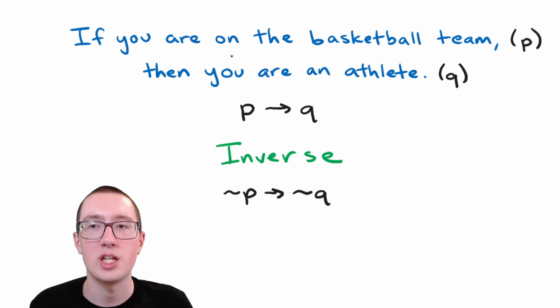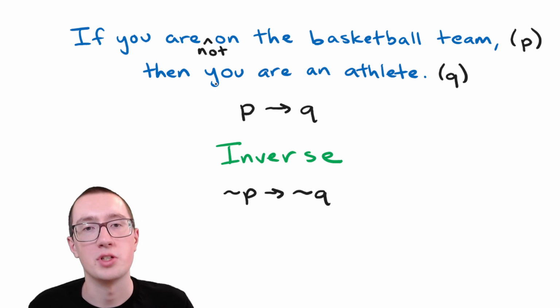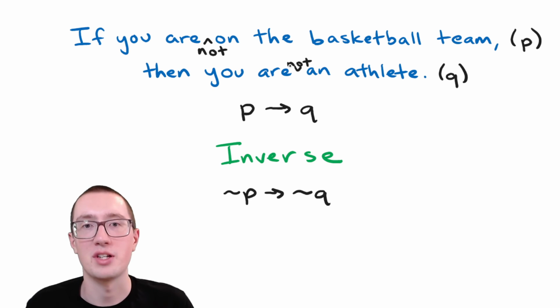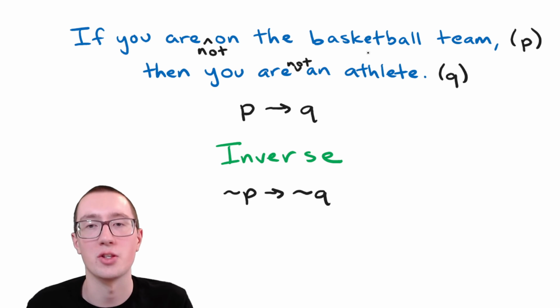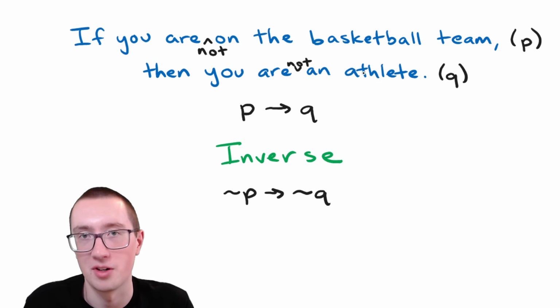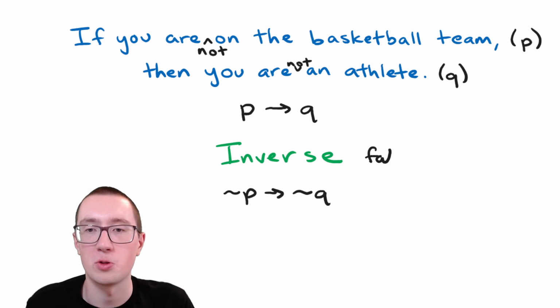So now statement P is you are not on the basketball team, and statement Q is you are not an athlete. So let's see if this statement makes sense. If you are not on the basketball team, then you are not an athlete. Well, that's probably not true, right? You can not be on the basketball team and still be an athlete. You could be an athlete in some other sport. So in this case, the inverse is also false.